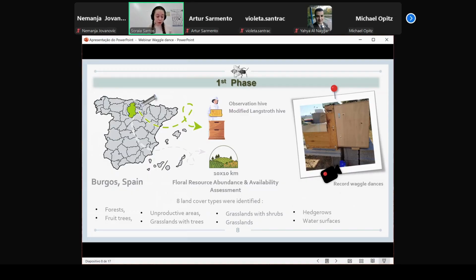Besides that, we also registered all floral resource abundance and availability assessment. And we defined eight land cover types, such as forest, fruit trees, unproductive areas, grasslands with trees, grasslands with shrubs, grasslands, hedgerows, and water surfaces.